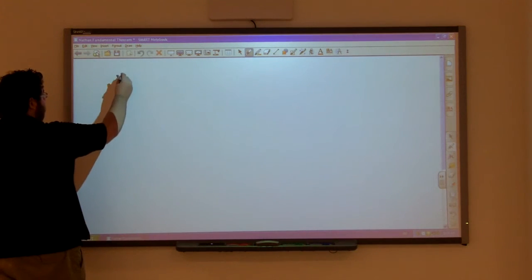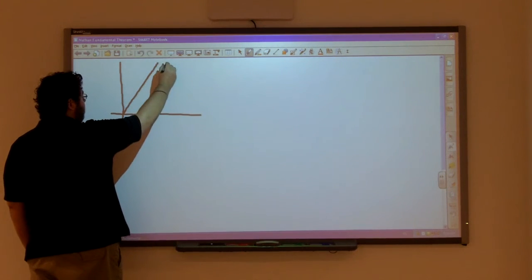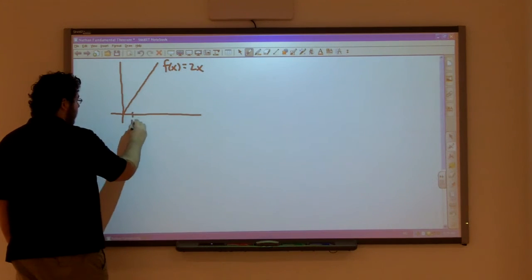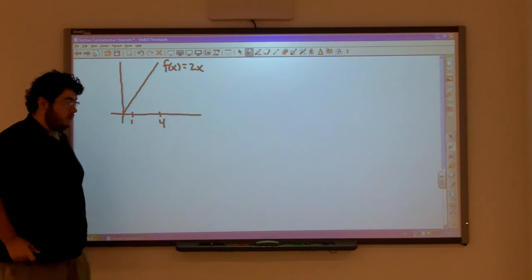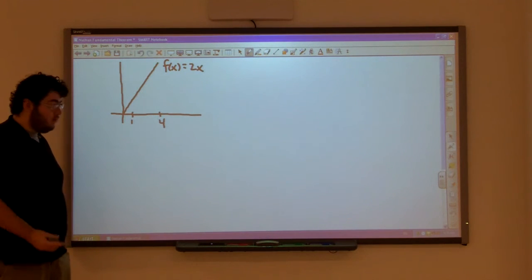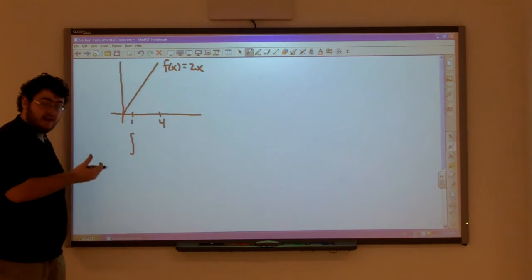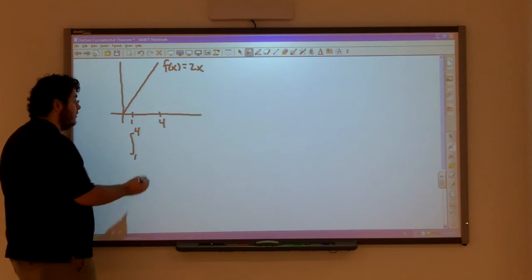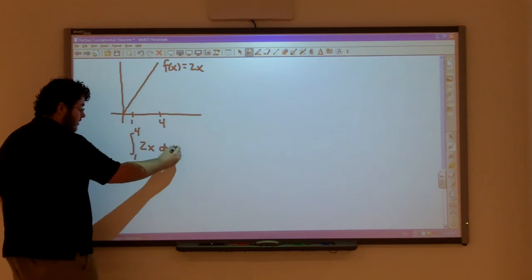Okay, let's say we wanted to find the area under the curve f of x equals 2x from 1 to 4. Now, you could do a Riemann sum, or you could just do this using triangles, because it's a fairly nice graph. Or we could use the fundamental theorem, which says that this object gives us the area under the curve. So we want to know the integral from 1 to 4 of 2x dx.